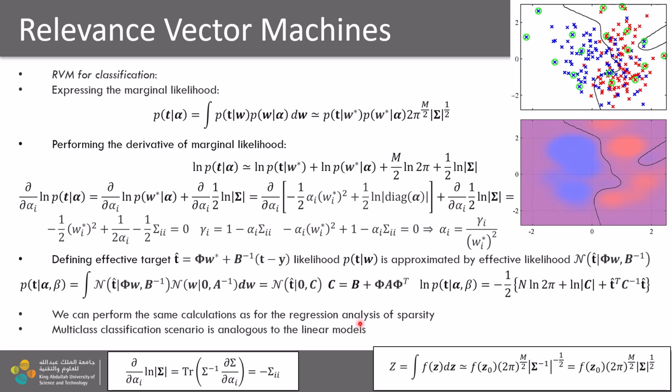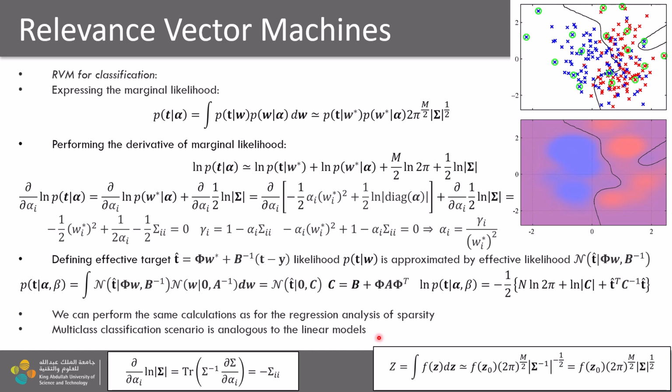The multi-class classification scenario will not be covered here, but it is in principle analogous, as we saw in the analogy between two-class and multi-class classification in the case of linear models.